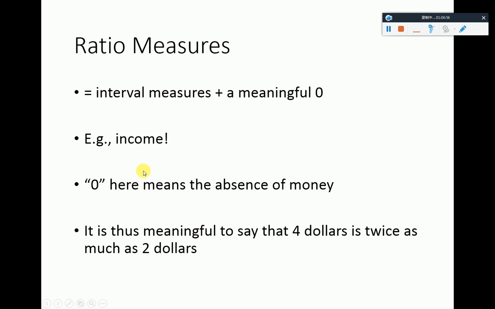That means you cannot arbitrarily shift numbers around to make the new scale provide the same information. Once you add numbers to the 0 point, you add numbers to all the following points, and the meaning of the entire scale would change. Okay? So, simply speaking, don't mess with ratio measures. Okay?